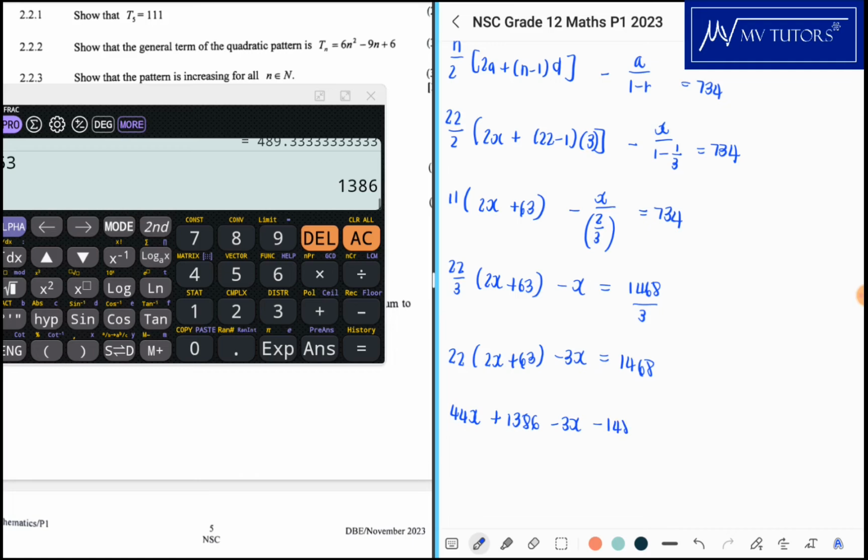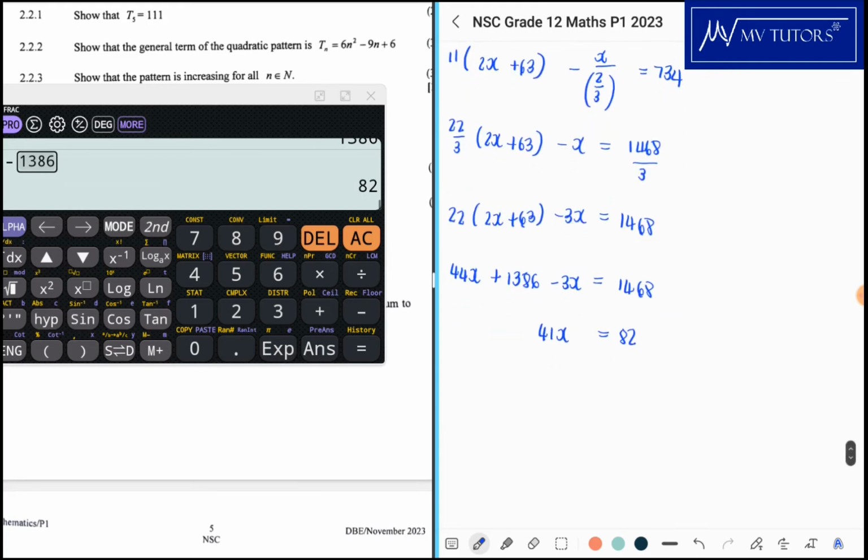Or no, let me just leave it on the other side. Let's just leave it here. So now we're going to take 1386 to the other side, and then 44 minus 3, that will be 41x. And then what is 1468 minus the answer? We have 82.